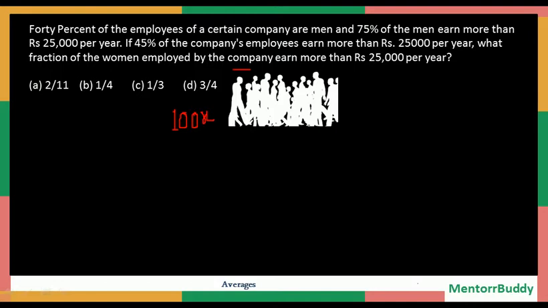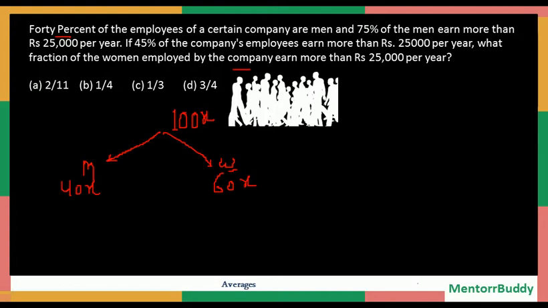Now further it says 40% of the employees are men. So out of this, if we need to figure out the men and women, the question clearly says 40% of the people are men. So 40% of 100x will be 40x, and definitely the remaining 60% is going to be women. So women are going to be 60x.